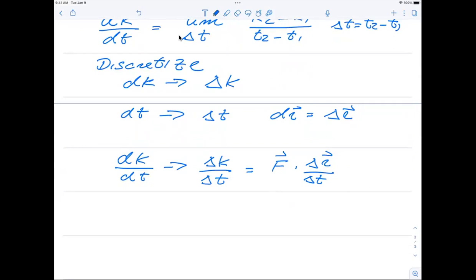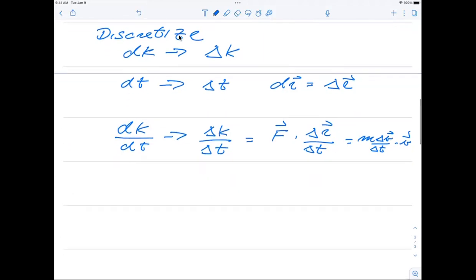And what this gives us now is an expression which we can rewrite when we multiply away delta t. Because what we have done is, if you take this expression, this is the same as m times delta v divided by delta t times v. And what I did next was simply to rewrite v as delta r over delta t.